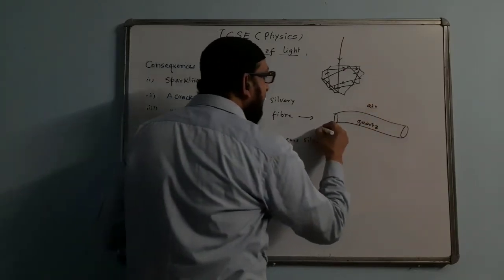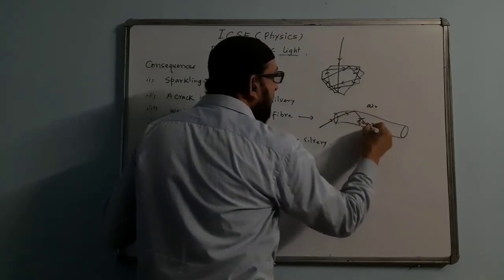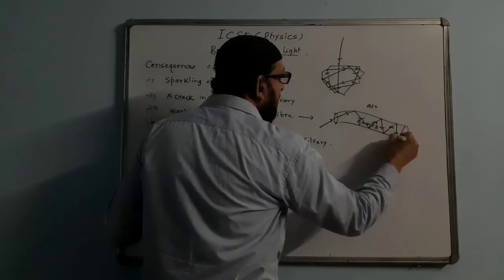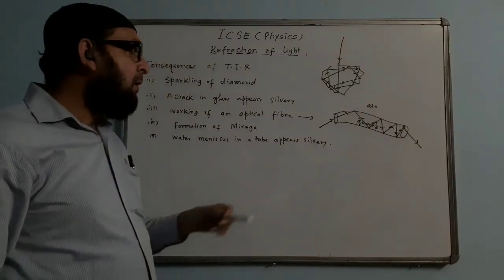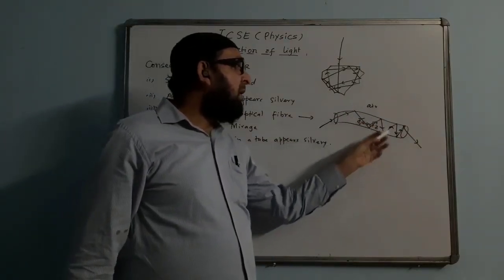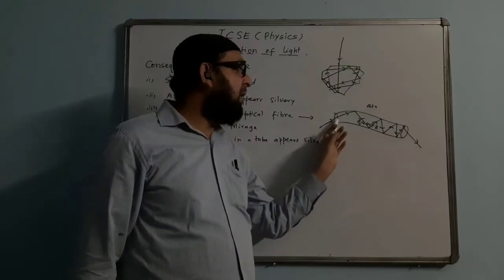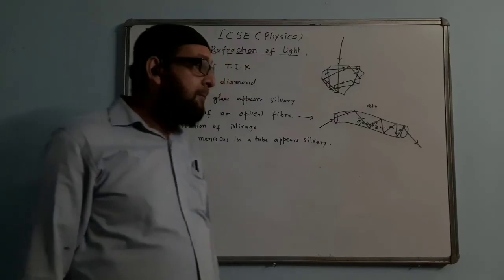So any light entering the pipe will be undergoing TIR like this. Multiple TIR takes place like this till it comes out from the other end. And every time during TIR there will be no loss of energy. That's why the entire light will be transmitted from one end to the other end without any loss of energy.